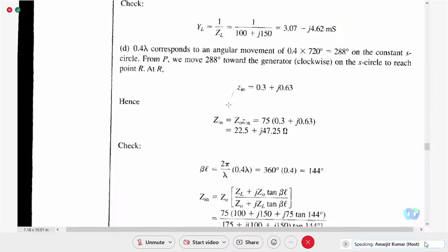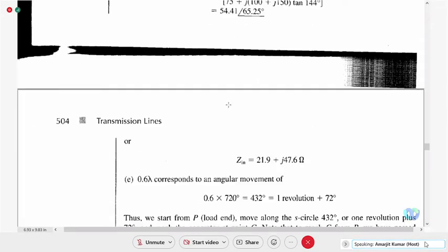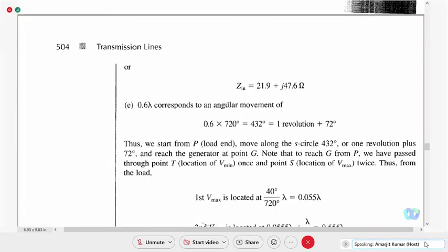For calculating the location, 0.6 lambda corresponds to one revolution plus 432 degrees. 432 degrees means 360 degrees plus 72 degrees.